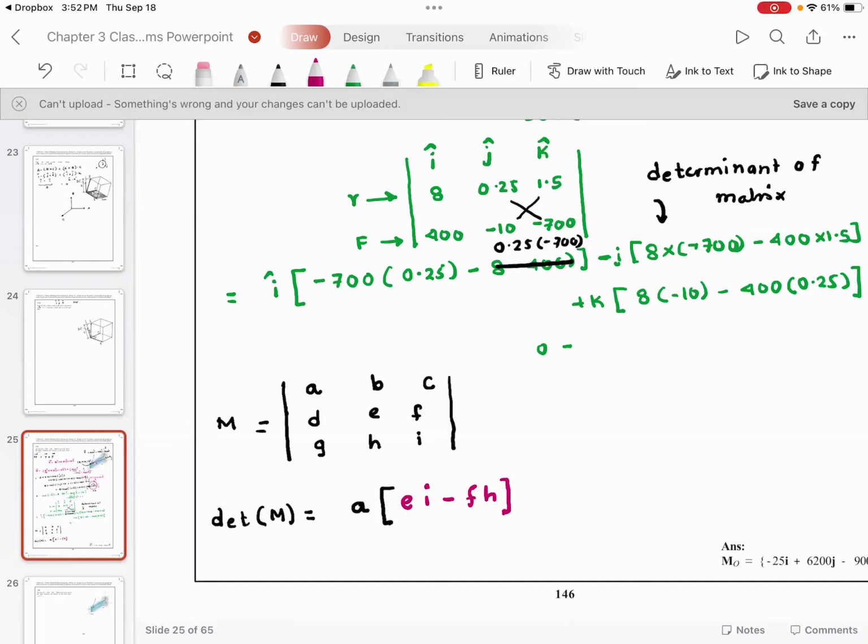You agree with me? Then the second term is minus B times (D times I minus G times F), plus C times (D times H minus G times E).